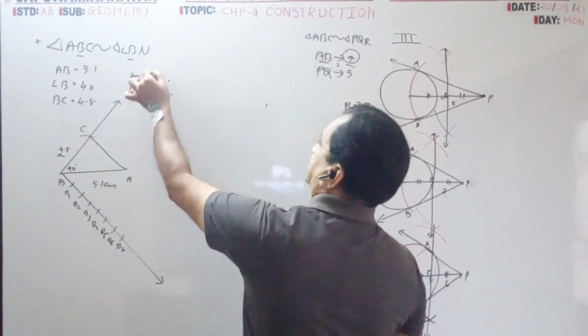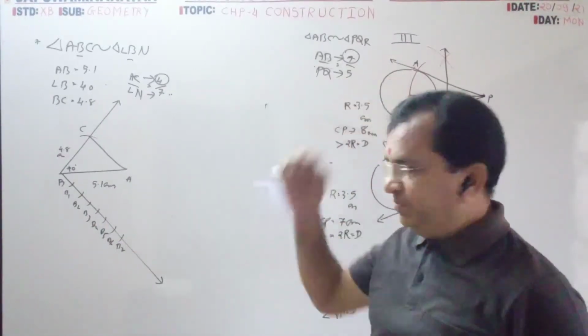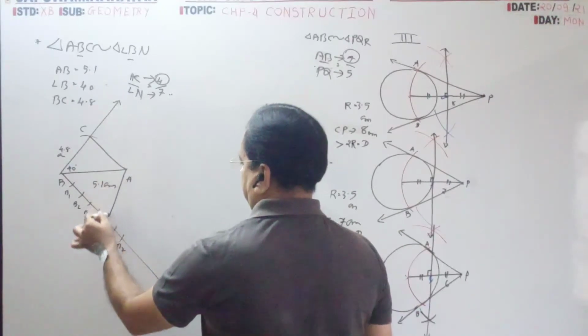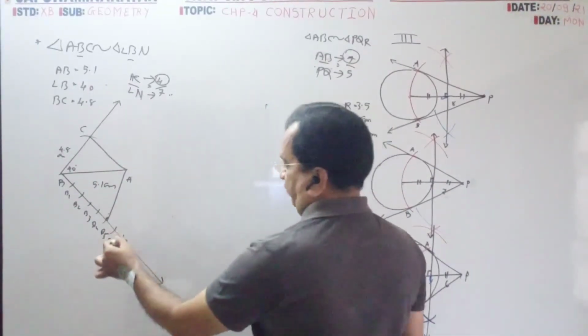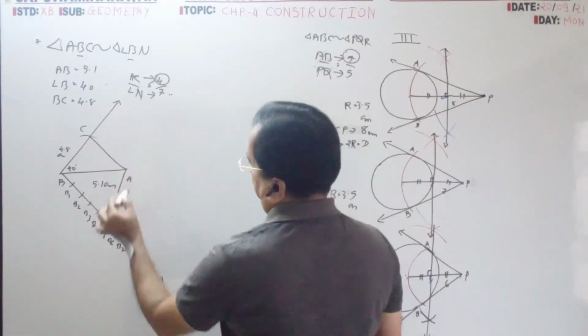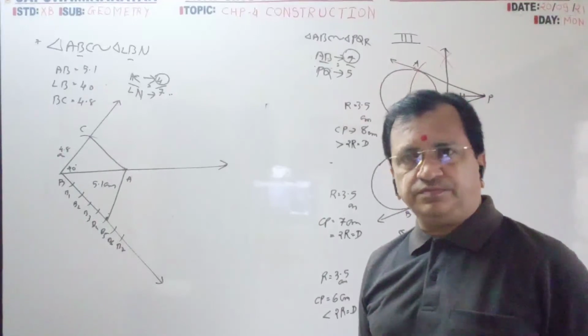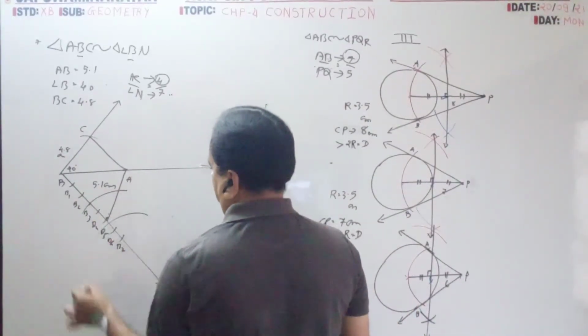Now first the numerator. So that 4 we have to connect with this, correct? And from here we have to draw the parallel. So extend this also. Now from here 1, from here 1.